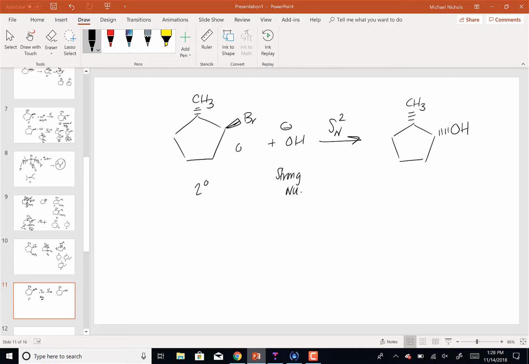And here's what happens. The OH minus comes, it has to come from the opposite side of the bromine, so it has to come from underneath and kick off the bromine. And when it does that, that puts the OH on the dashed wedge, having come from underneath the ring. Also, whatever the stereochemistry here was, it's got to be opposite. So what I've done is I've switched the H and the OH, that's one switch, basically changes the configuration.